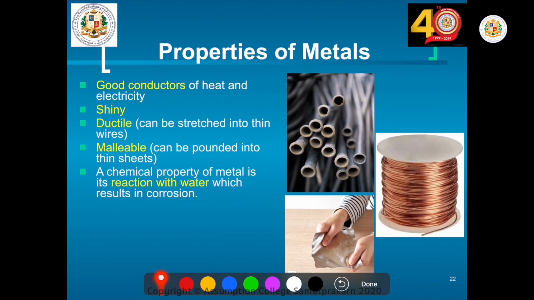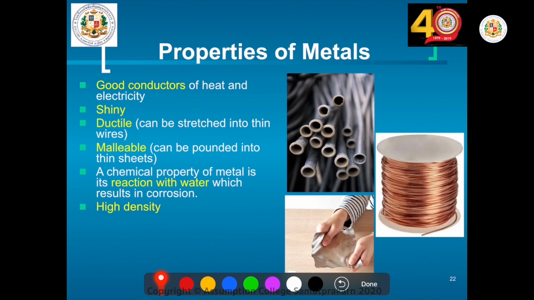And moisture or water vapor, right? They get rusted. Rust is evidence of corrosion or a reaction with water. That means they get destroyed. Okay? And for them not to get destroyed, what should you do? Right, paint them, because paint doesn't react with water. They are non-metals.